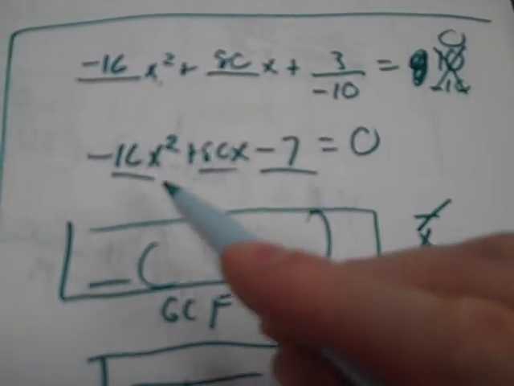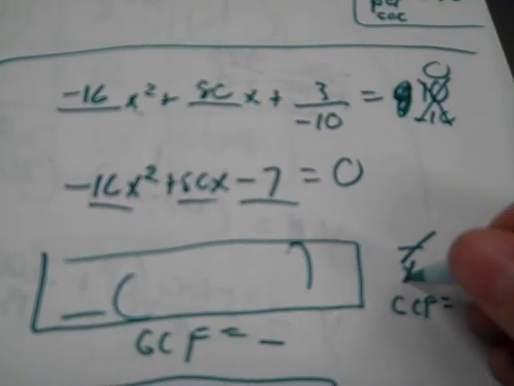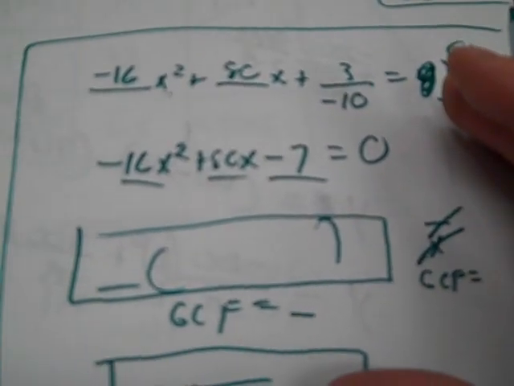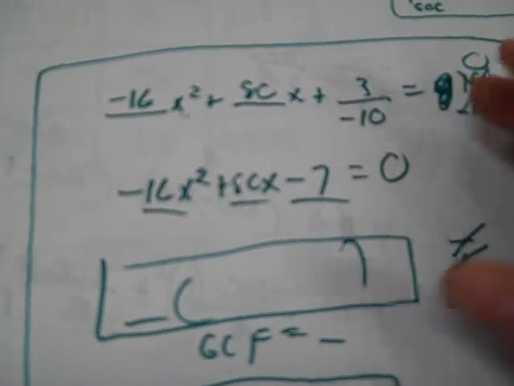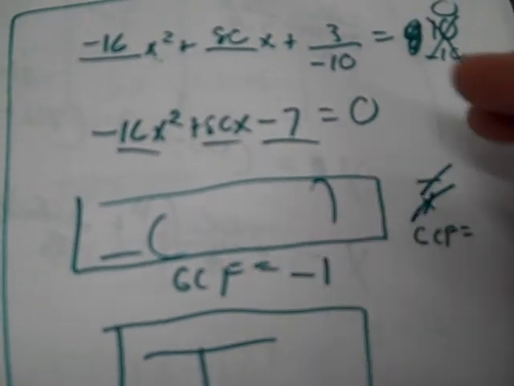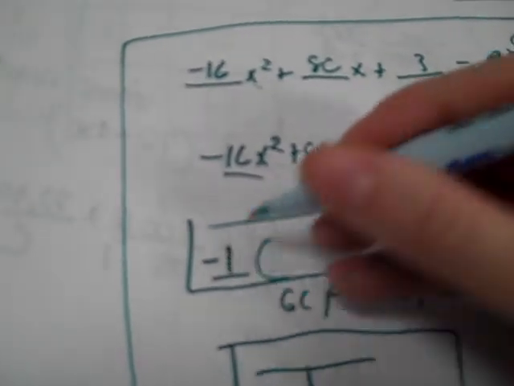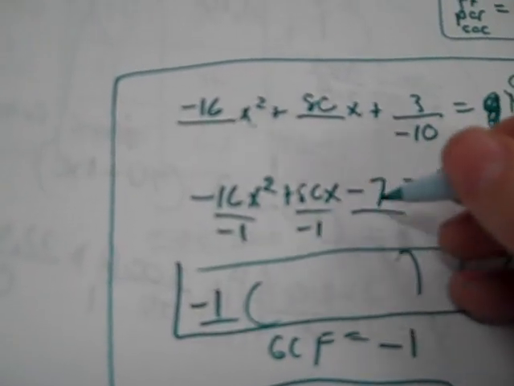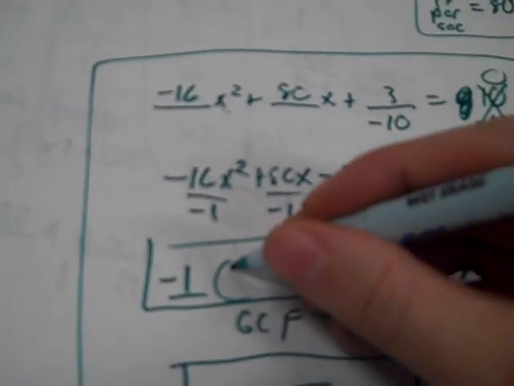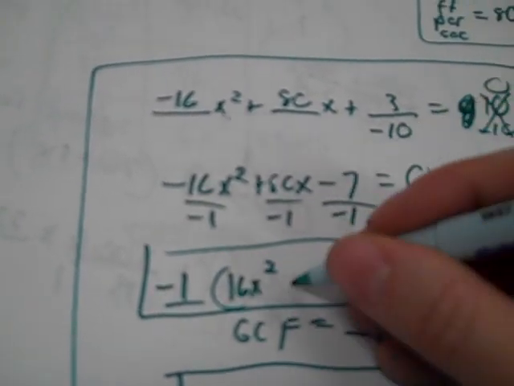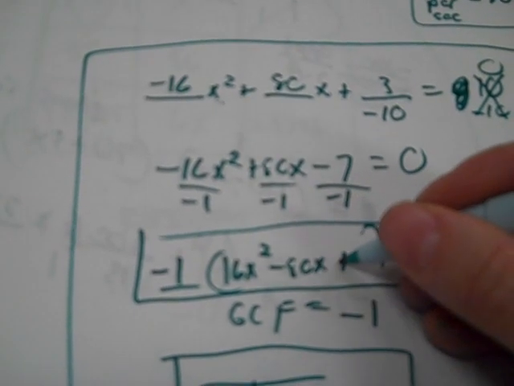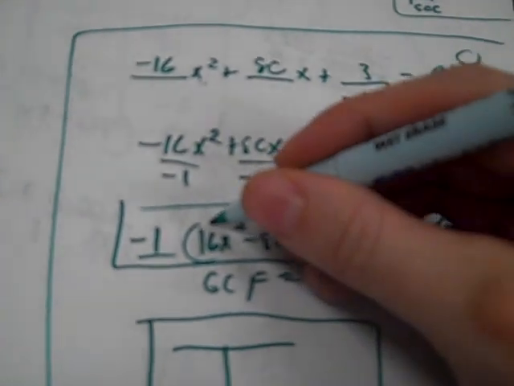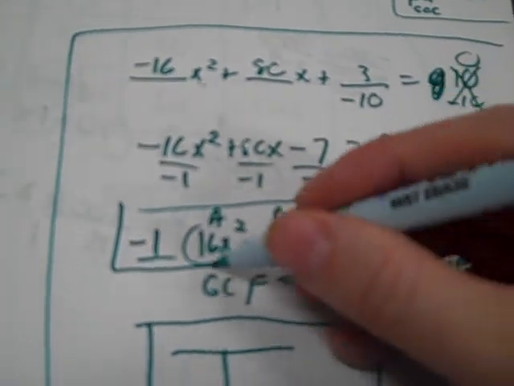Okay, x you're not going to have because 7 doesn't have it. And then if you go to your GCF calculator, 16, 80, and 7, the GCF's 1. But since it's negative 1, I'm going to do it. Okay. That gives me positive 16x to the second minus 80x plus 7. So that's my ABC I want to use.